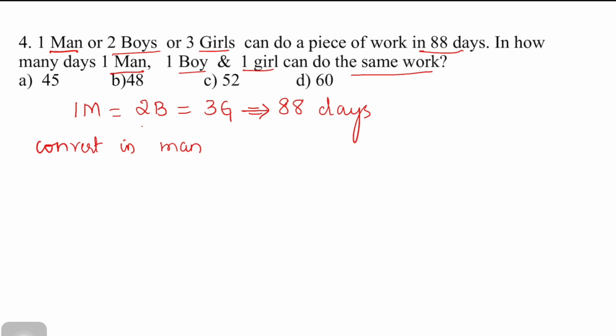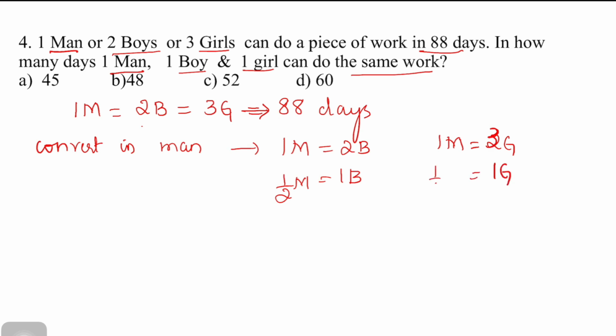So one man is equal to two boys. That means one boy will be equal to how much? 1 by 2 man. Similarly, one man is equal to three girls, so one girl is equal to 1 by 3 man.